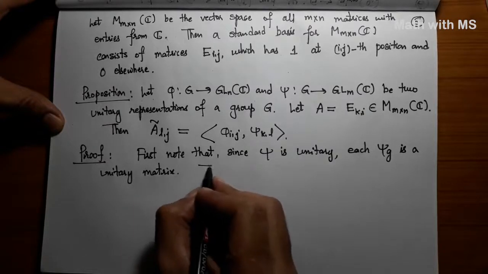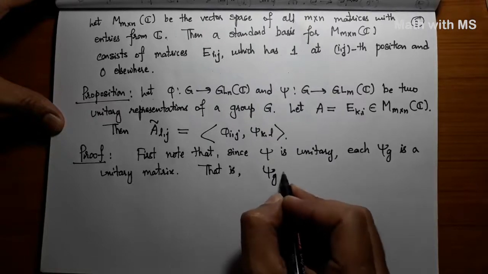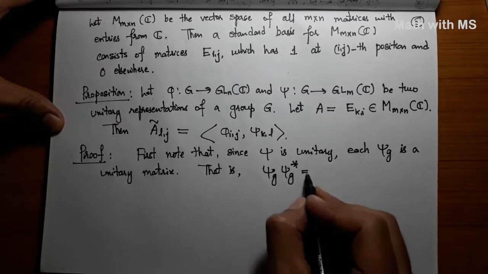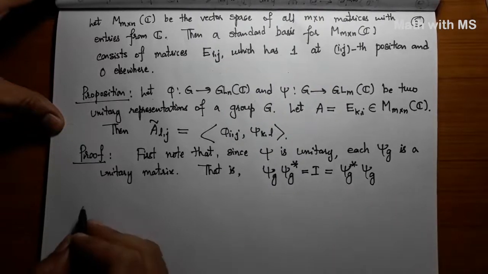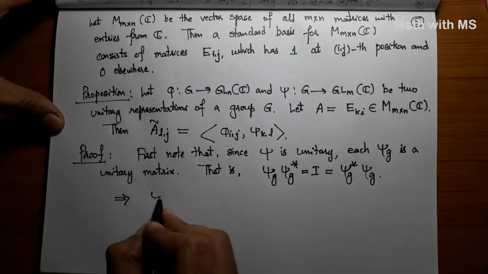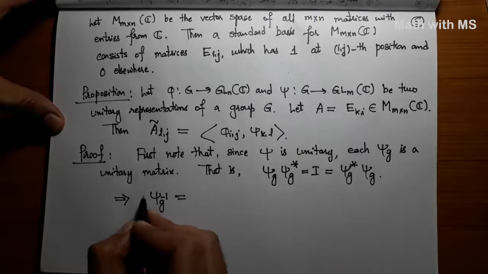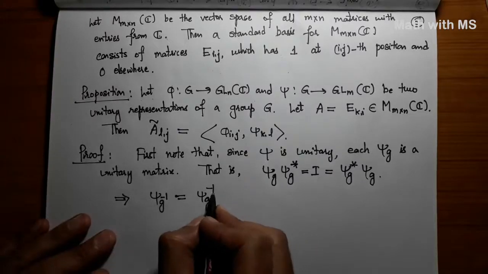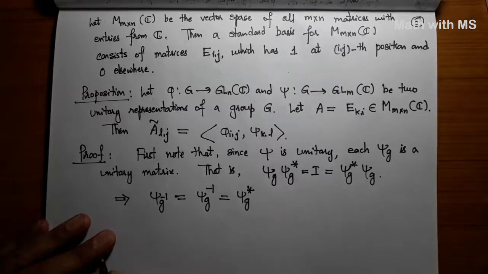That is, psi(g) into psi(g) star, the transpose conjugate, is identity, which is the same as psi(g) star into psi(g). From there we get that psi of g inverse is, because psi is a homomorphism, the same as psi(g) whole inverse, and that is psi(g) transpose conjugate.